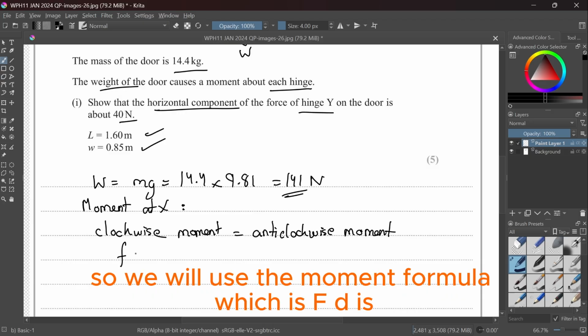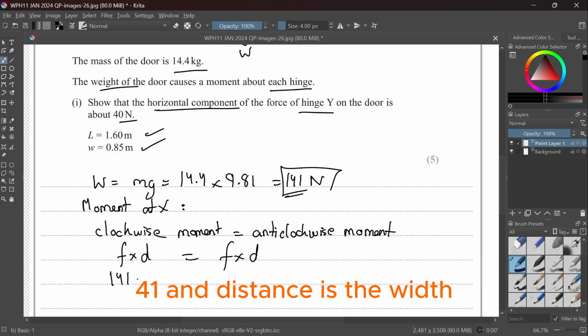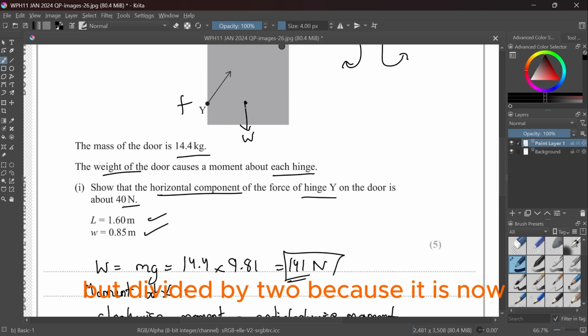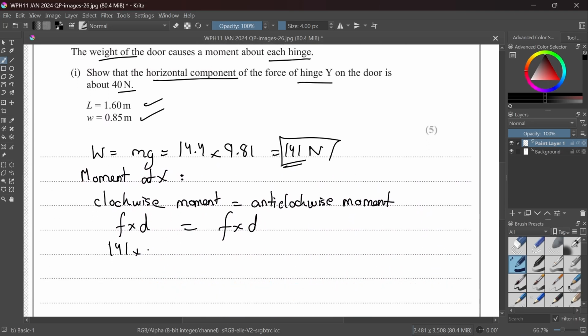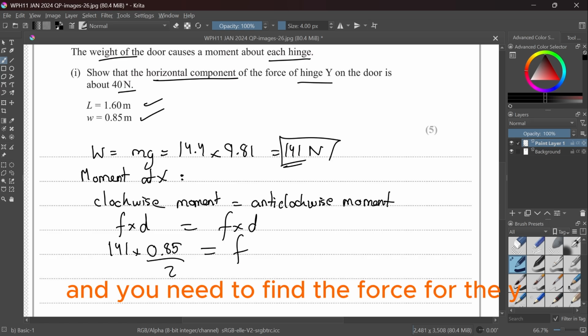So we will use the moment formula, which is F times d. F is our weight, which is this 141, and distance is the width divided by 2 because it is now acting at the center. So it is 0.85 divided by 2, and you need to find the force for the Y.